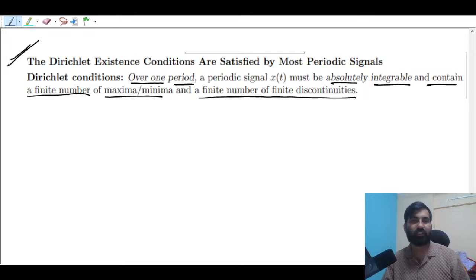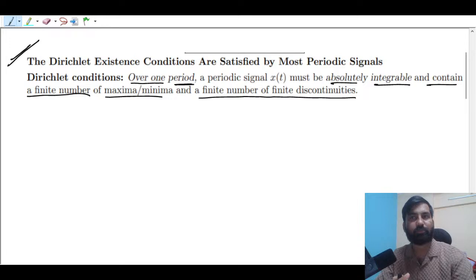That's it. This much is all you need to know, nothing more. Just understand these conditions. Why are we studying these conditions? Just for the sake of existence of Fourier series. The rest is previous year questions and that's it. So this is one important concept that I wanted to highlight.